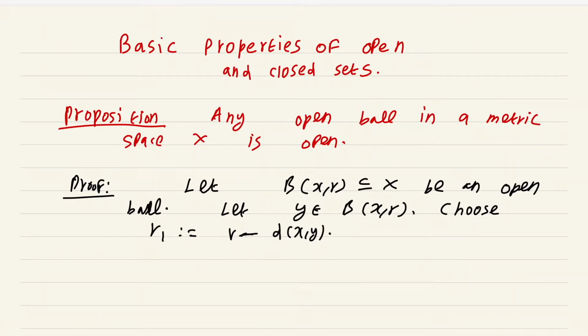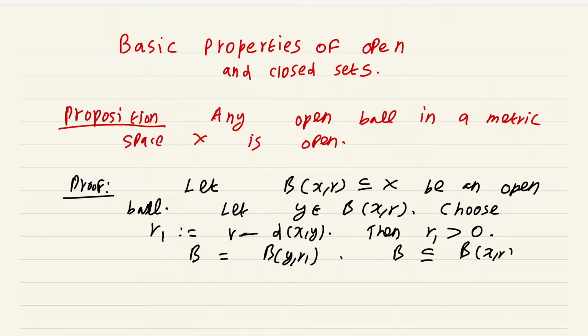Then clearly this r1 is greater than 0, and if you consider B, which is just B(y,r1), the triangle inequality will immediately tell you that B is a subset of B(x,r).